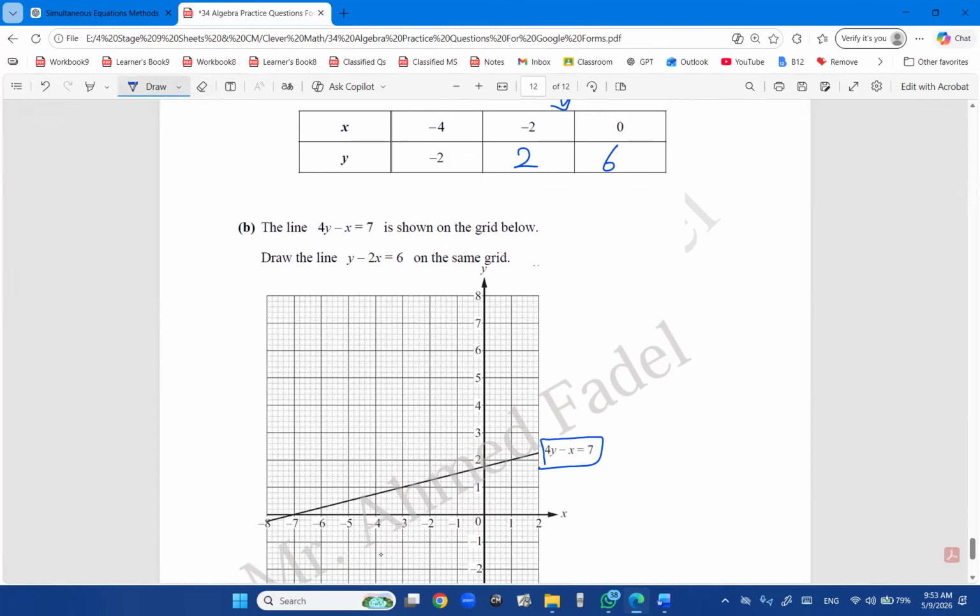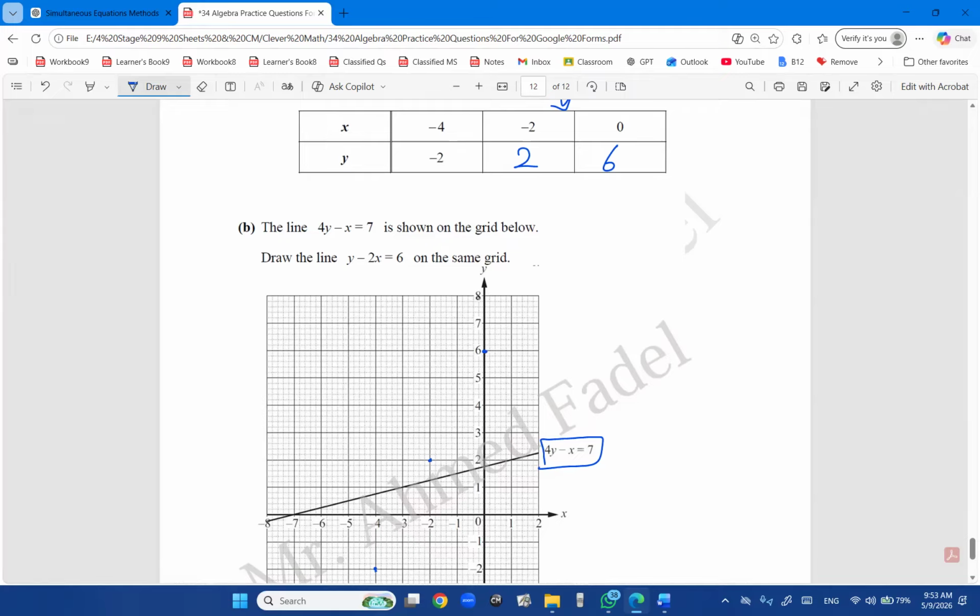Negative 4, negative 2 is here. And then negative 2, 2 is here. And the last one is 0, 6. 0, 6 is here.